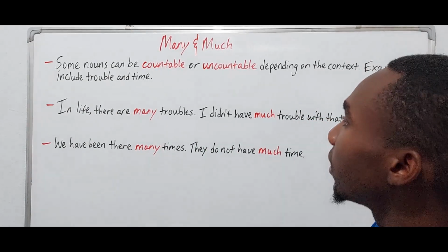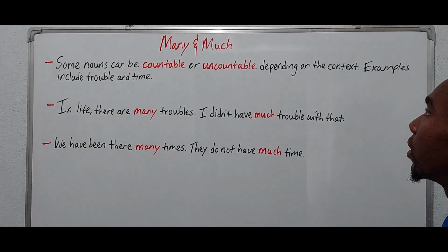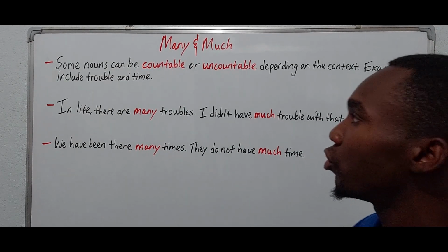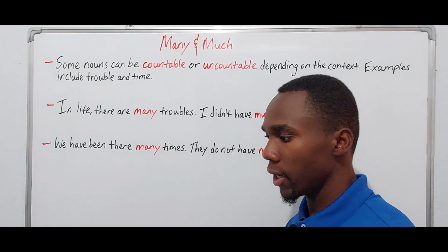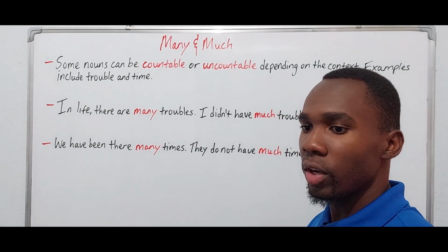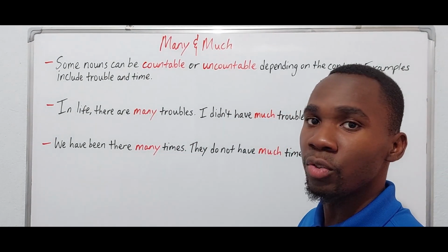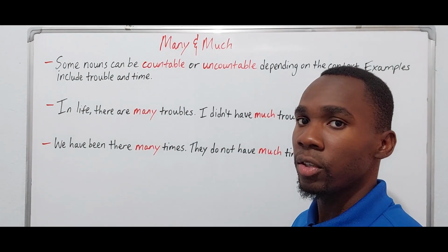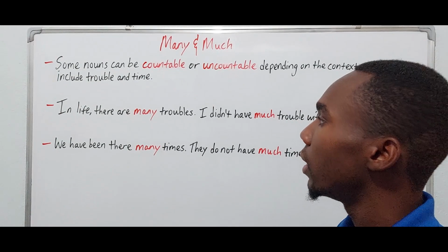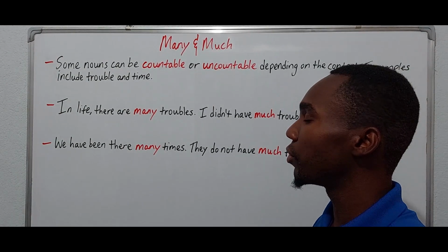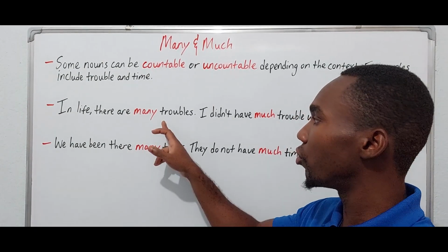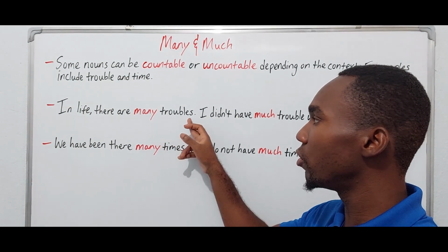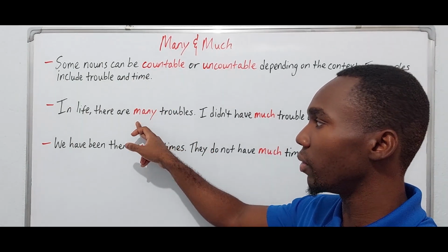So some nouns can be countable or uncountable depending on the context. Examples include trouble and time, right? Depending on what we want to express, we can use many and much with these two nouns. So let's look at the examples. In life, there are many troubles, okay? So troubles obviously is plural here, and we use many with that.